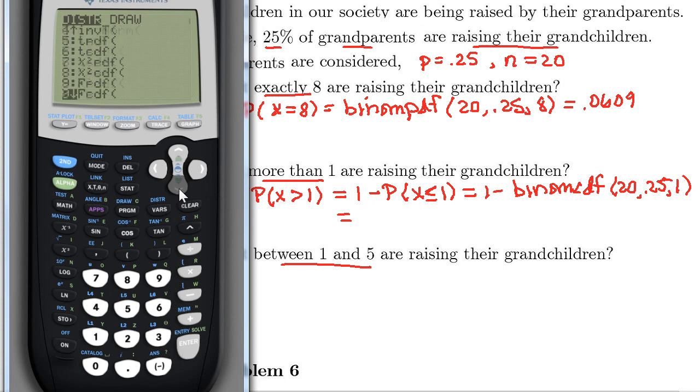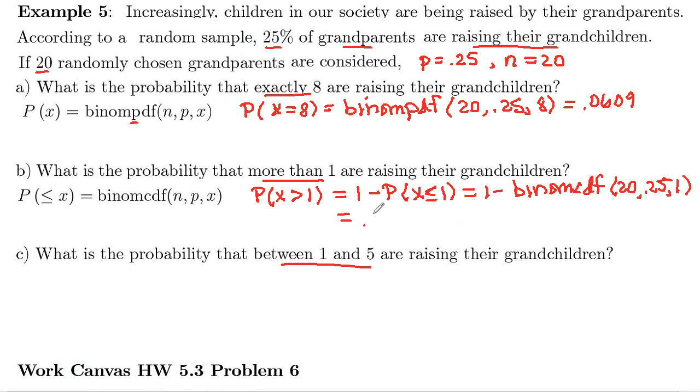Come down to binomial CDF, enter. Trials are 20. P is 0.25, enter, and our X value is 1. Let's paste that and enter. So 1 minus binomial CDF gave us 0.9757. So almost a 98% chance that more than 1 set of grandparents is raising their grandkids.